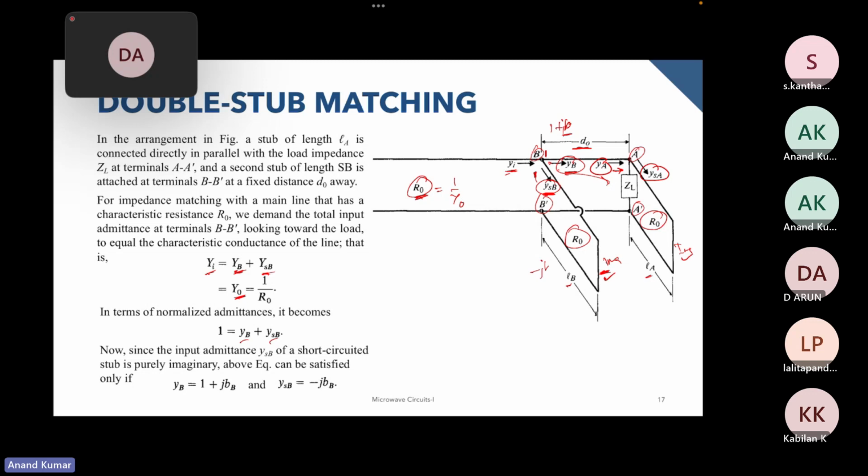Everything is the same as the single stub case. Maybe I'll pause over here, and if you have any questions, you can ask. Else we'll move forward. I'll give you a minute or two to look at this line.